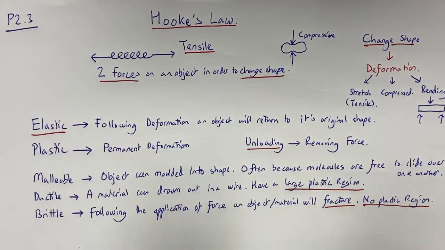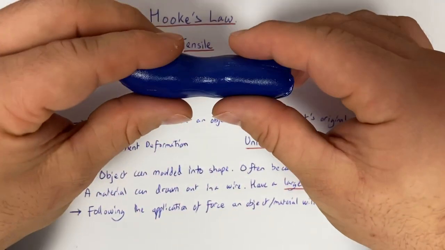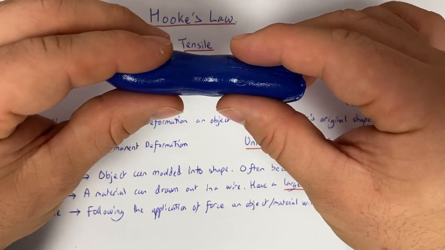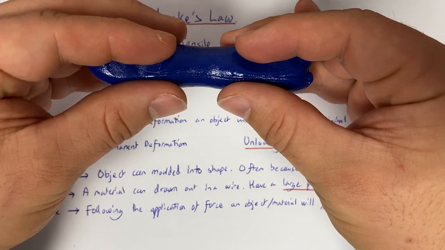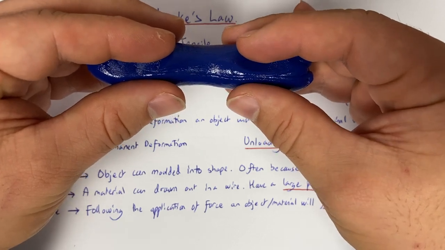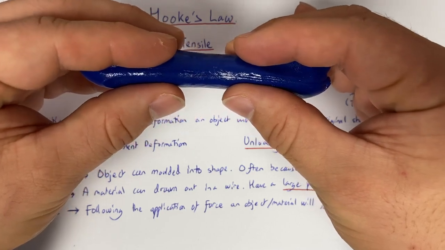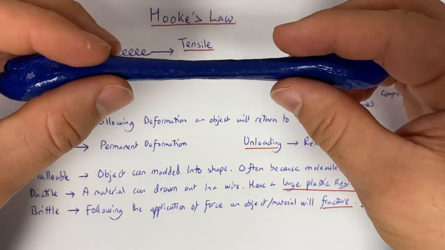So I just want you to understand this process for a second, right? I have my putty, and initially, this is a little bit difficult to see, but it does behave elastically. I apply a very small force, there's a little bit of spring to it, so it does return to its original shape for very small forces. But this material is ductile because it has a large plastic region.